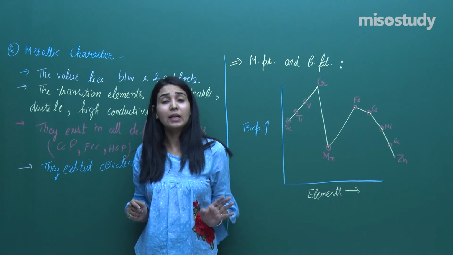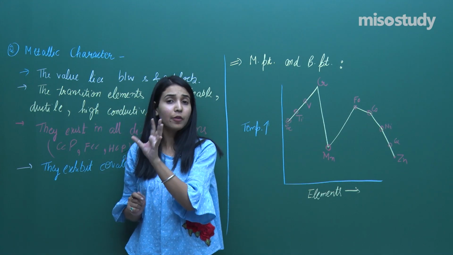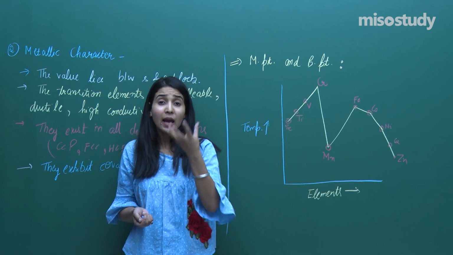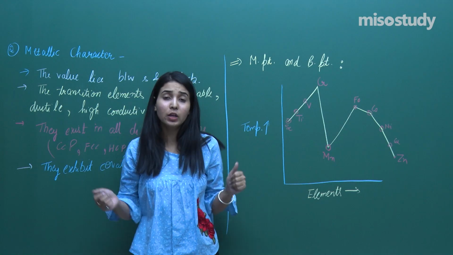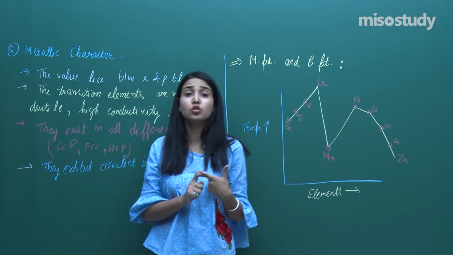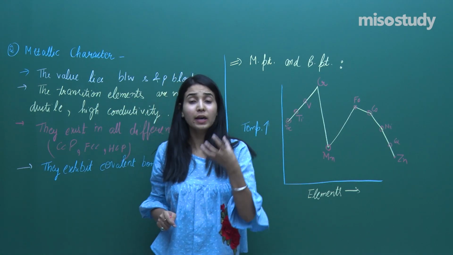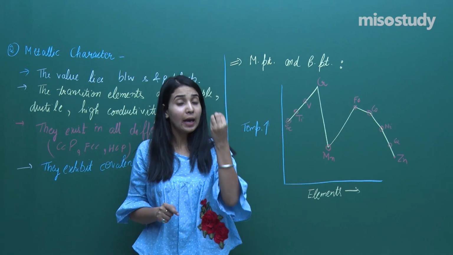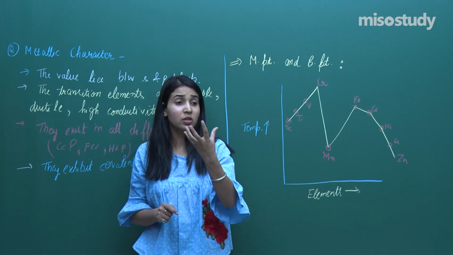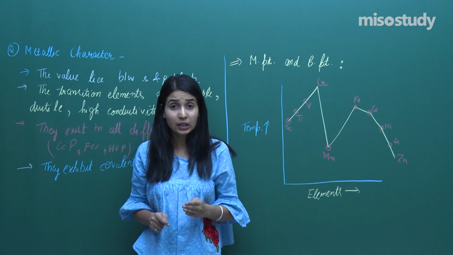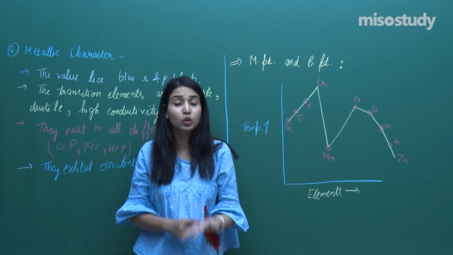But after that I got a stable half-filled configuration, and when this stable half-filled configuration comes into play, the effect of shielding comes into role. Because of my shielding effect or screening effect, the value was observed to increase again.